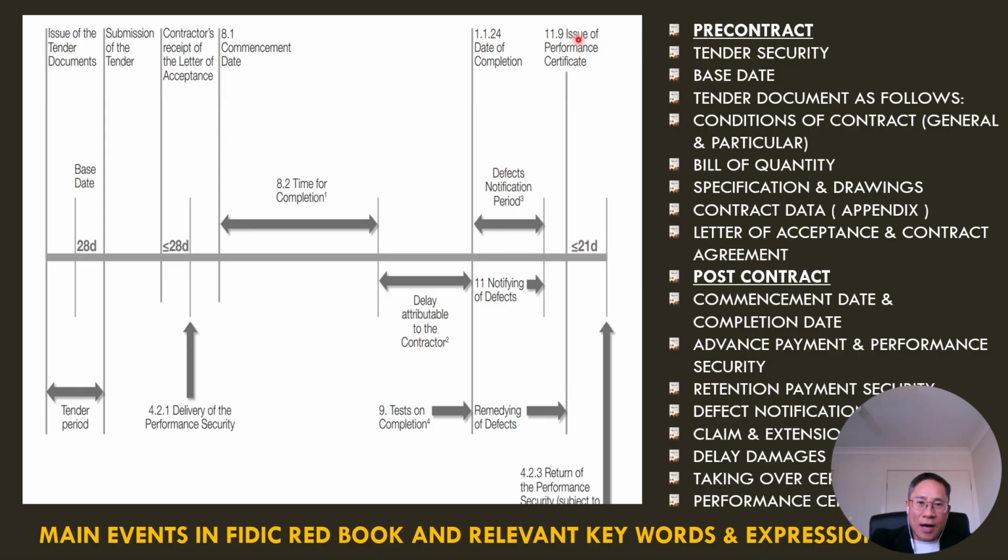Then, as I mentioned earlier, during the defect notification period, the contractor has the right to rectify any defect that occurs in the project. In case they are unable to rectify any defects, the employers may employ a third party to carry out the work on their behalf, and the cost incurred will be deducted from the contractor's account.